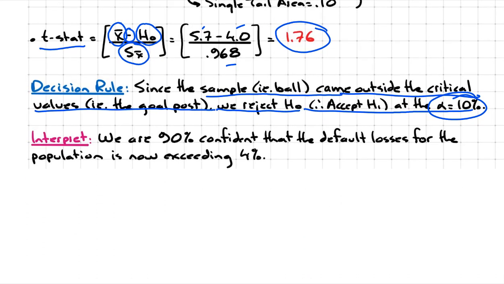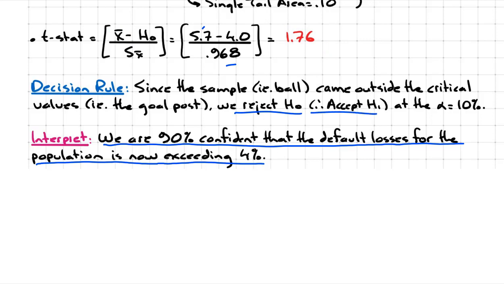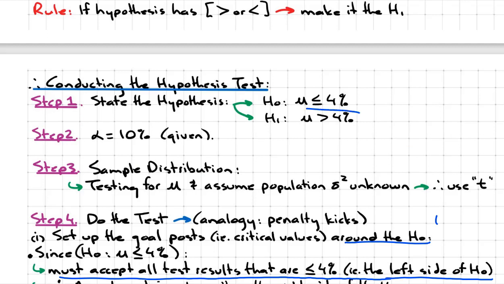And how do we interpret this? We are 90% confident that the default losses for the population are now exceeding 4%. And where is this coming from? Well, when you reject the null, that automatically implies you accept the alternative. So let's go have a look at the alternative. Here it is.